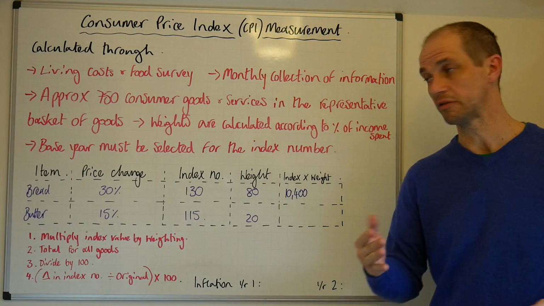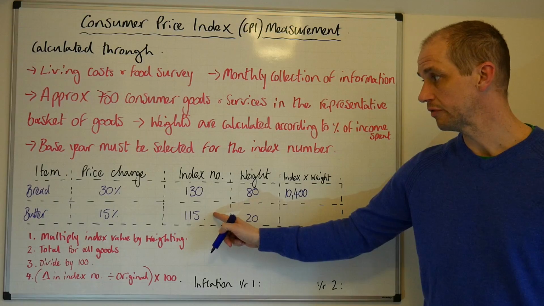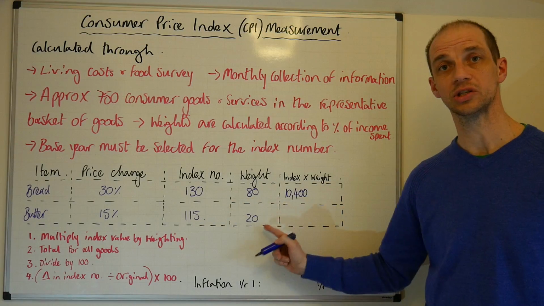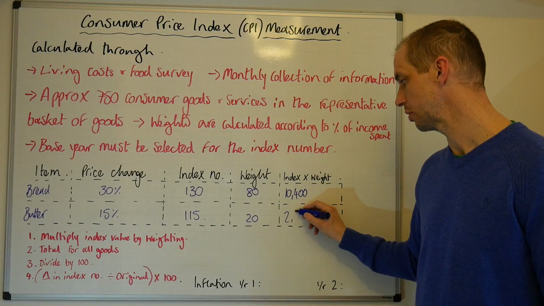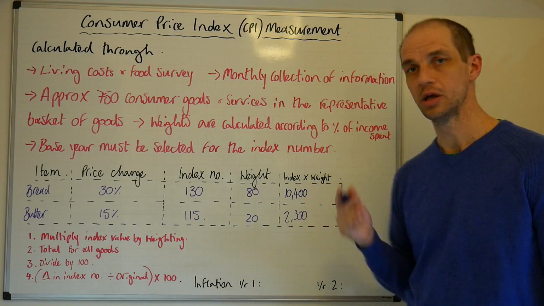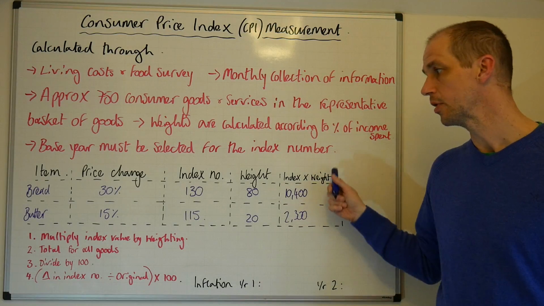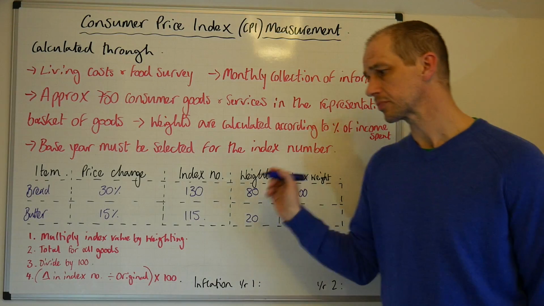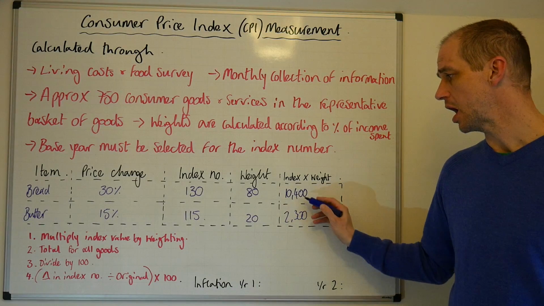Okay, so 10,400, 130 times 80. If we then move on to butter, 115 times 20 here, well, that would represent 2,300. Okay, so we've got 2,300 as our actual outcome for that calculation. So the next step is that we need to add these figures together.